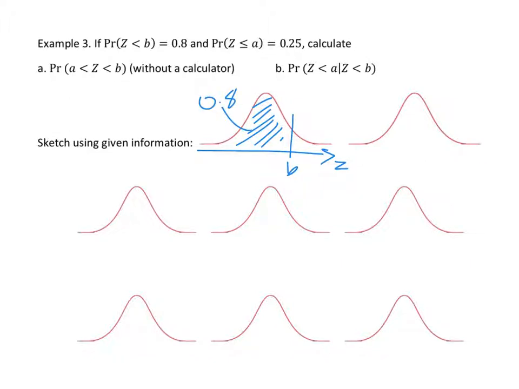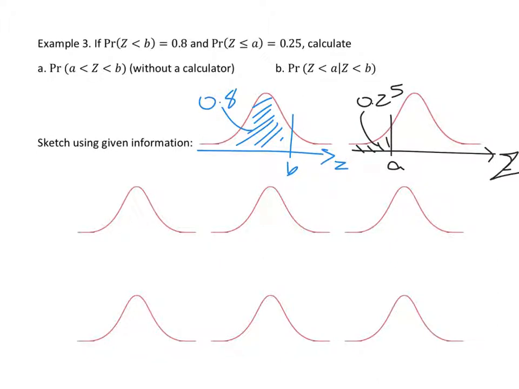This next bit here is that the probability of z less than a is 0.25. That 0.25 tells me it's on the left hand arm of the distribution, so I can write in that a is somewhere over here, and I know that's 0.25 in there.